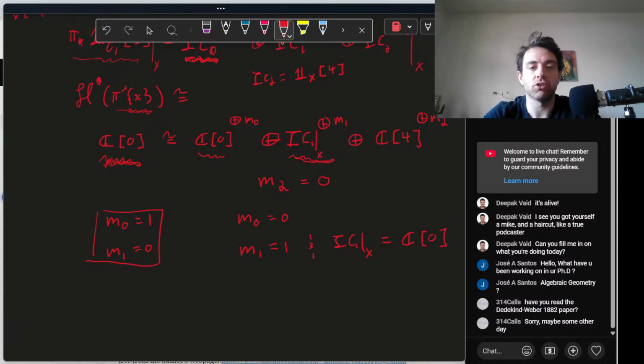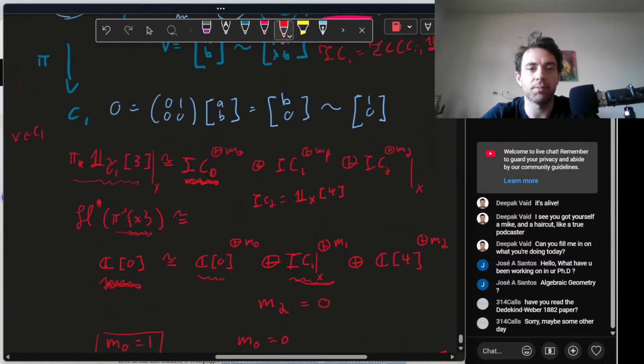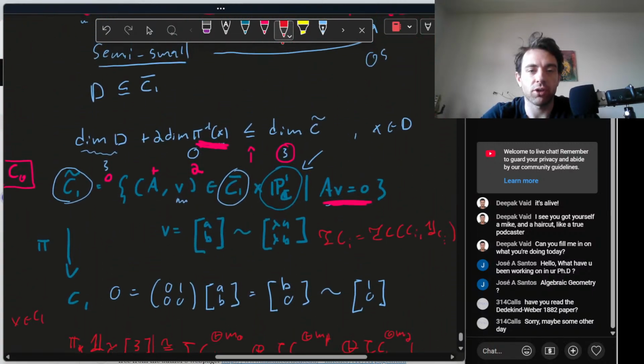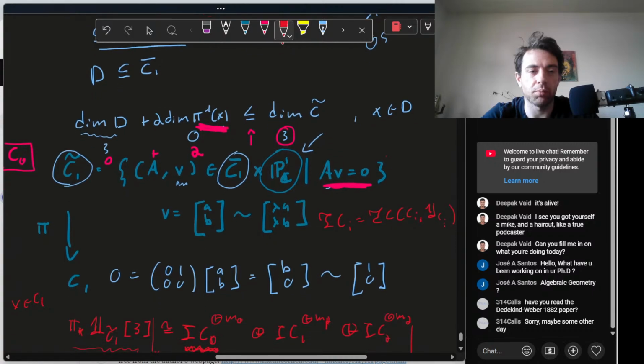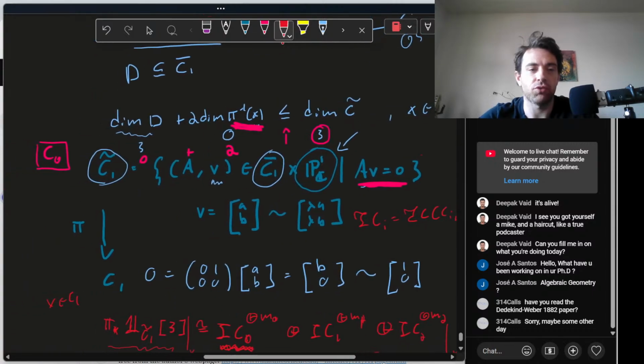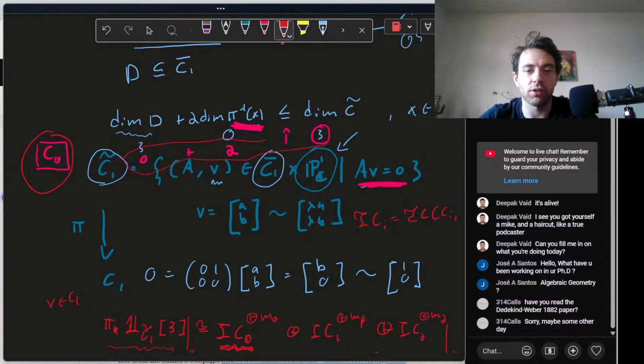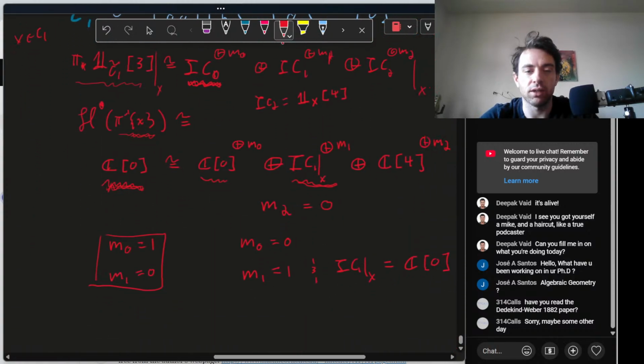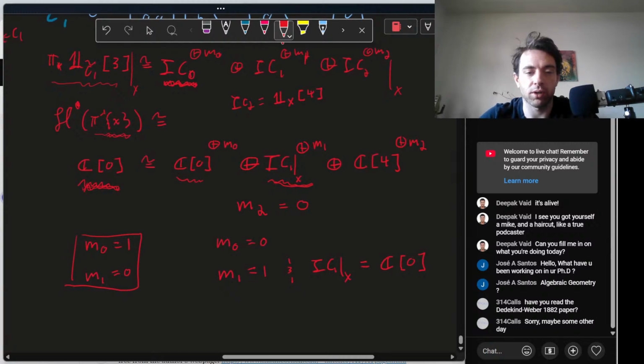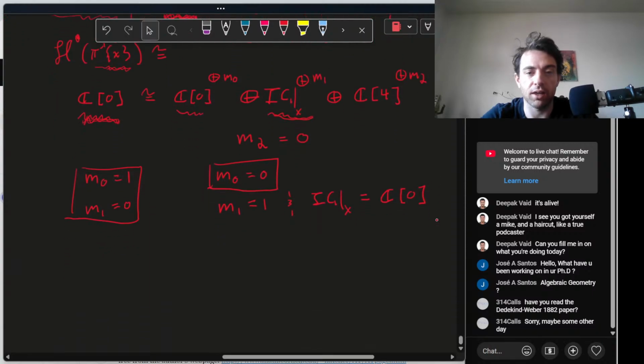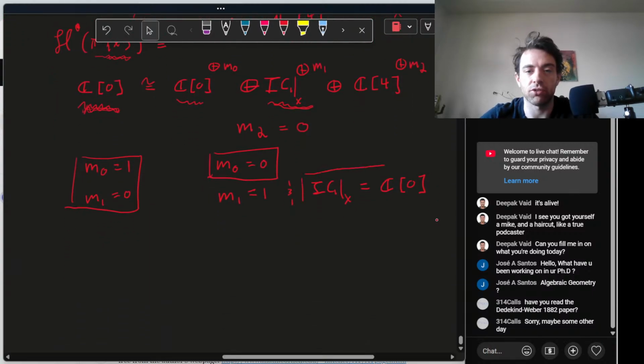So here's where the smallness comes into play. I believe the fact that we found that for C0 this was strictly smaller tells us immediately that this is equal to 0, and therefore we can conclude that this is true.